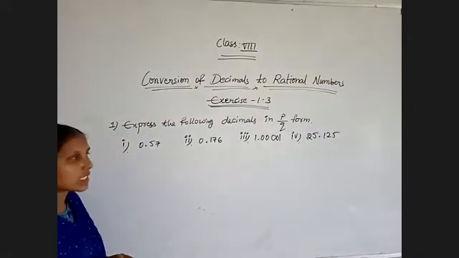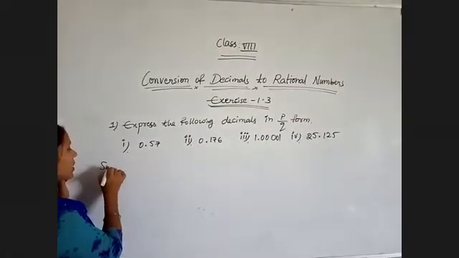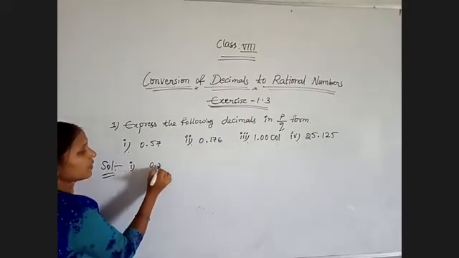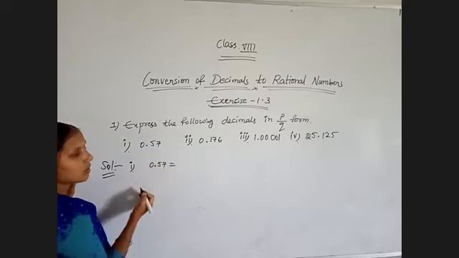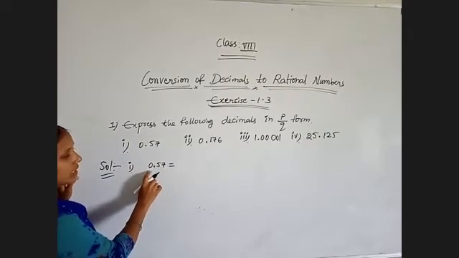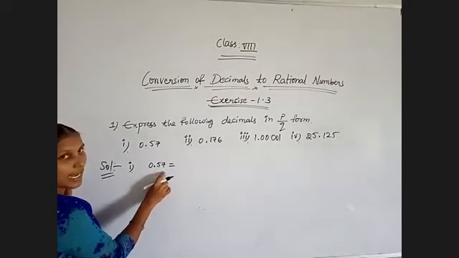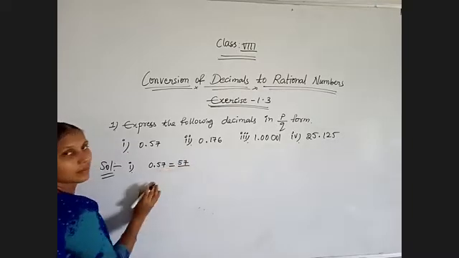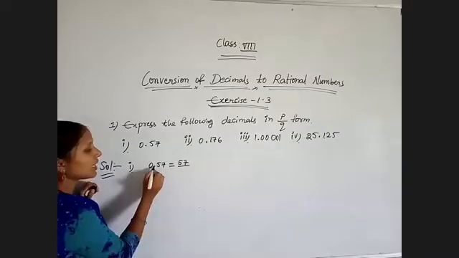As I told you yesterday, now the first question I am simplifying. 0.57 is equal to whatever number is there, write it in the numerator. That is, 0.57 is nothing but 57 by, how many decimal digits are there? 1, 2.